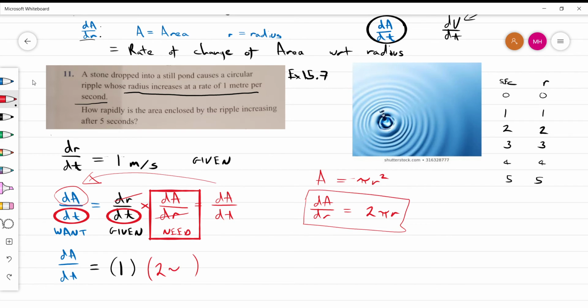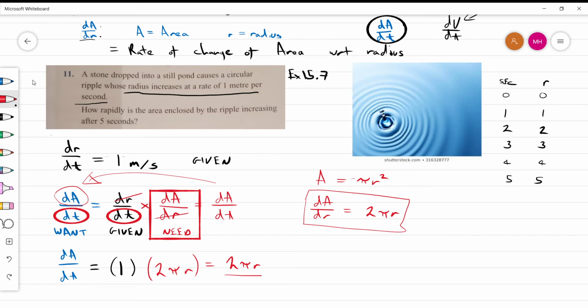So if we multiply those, we just get 2 pi r. So the rate of change of the area with respect to time is equal to 2 pi r.